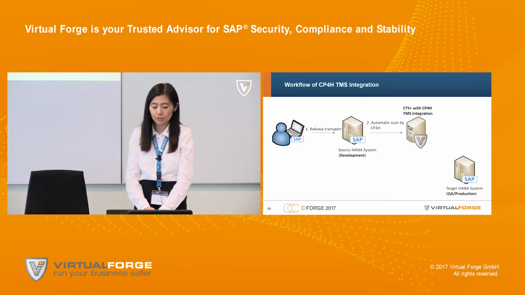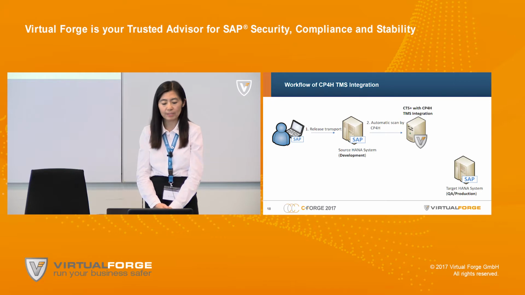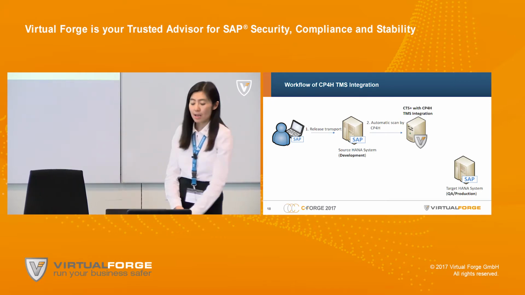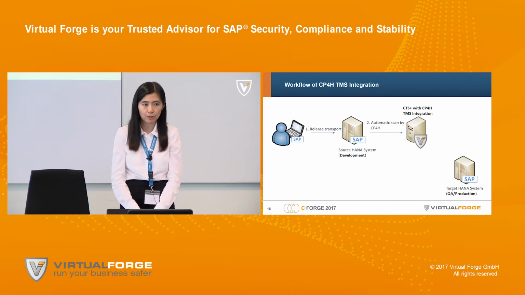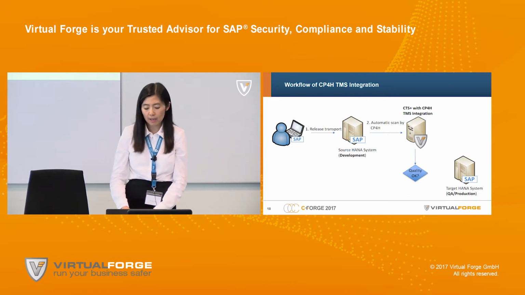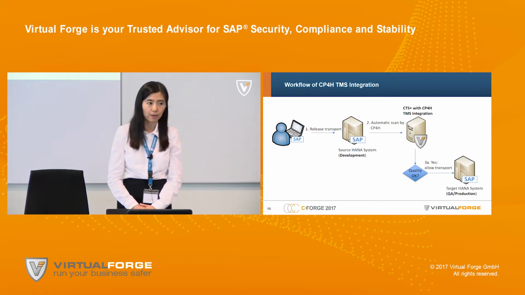Between the two systems, our CTS Plus with TMS integration comes into place. A scan will be automatically started to scan your transport requests. Depending on the results, if everything's okay, we will approve this transport.